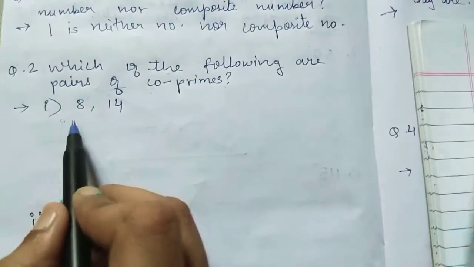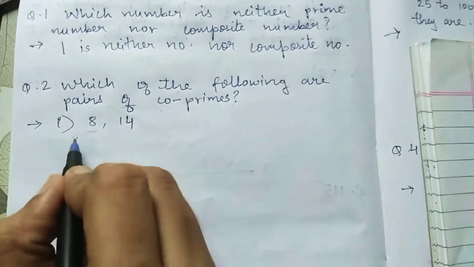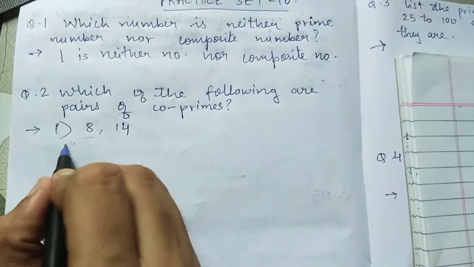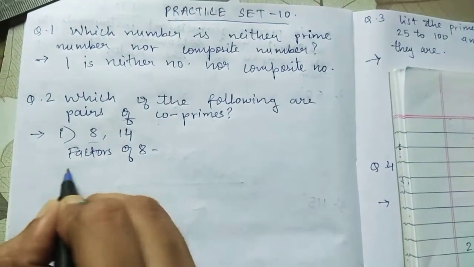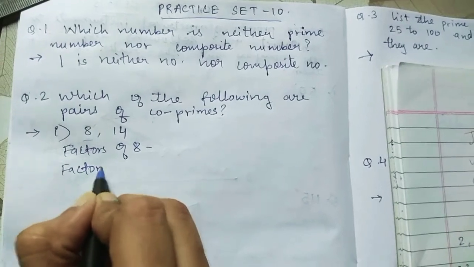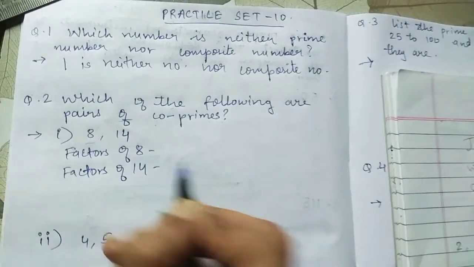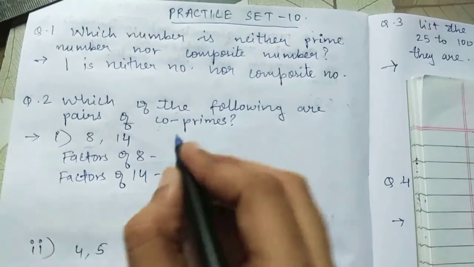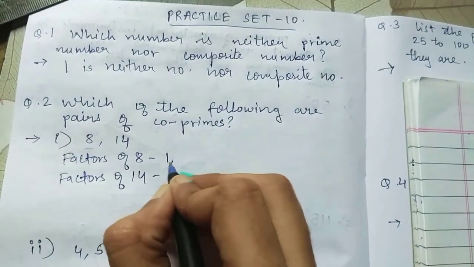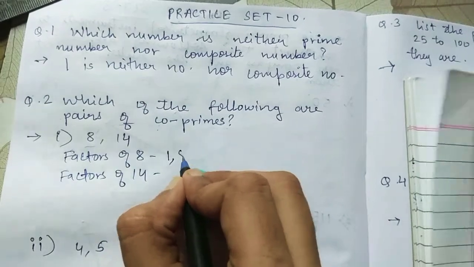That's it. Let's list down factors of 8, then factors of 14. Factors of 8 are 1. 1 how many times 8? 8 times.